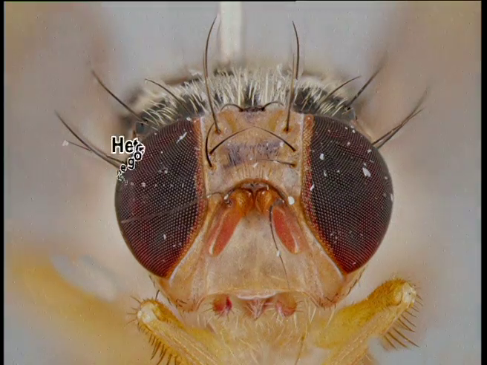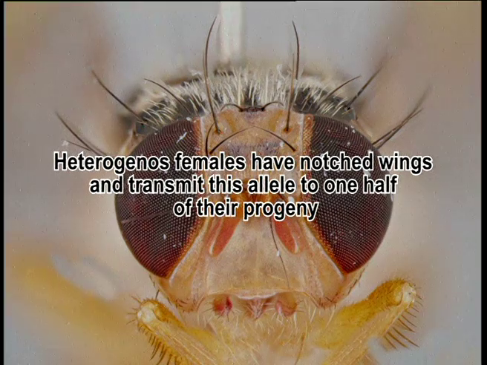Data from breeding studies indicate that the phenotype is controlled by an X-linked dominant mutation, because heterozygous females have notched wings and transmit this allele to one half of their progeny. The mutation also appears to behave as a homozygous and hemizygous lethal because such females and males are never recovered.